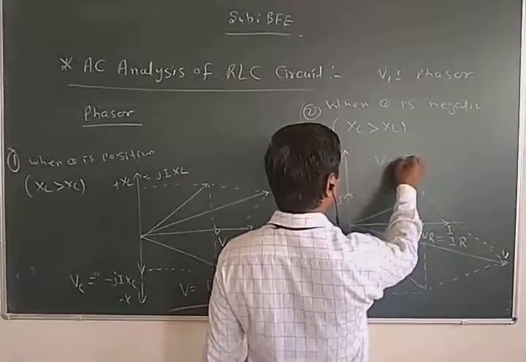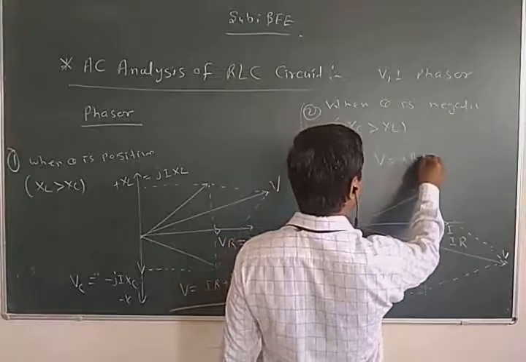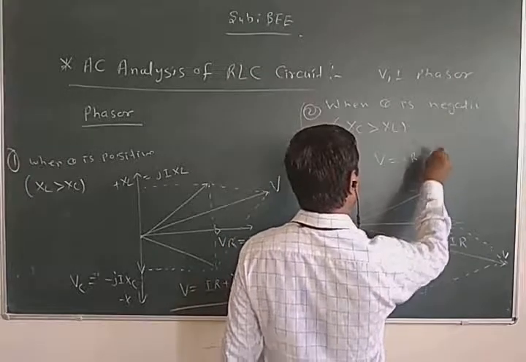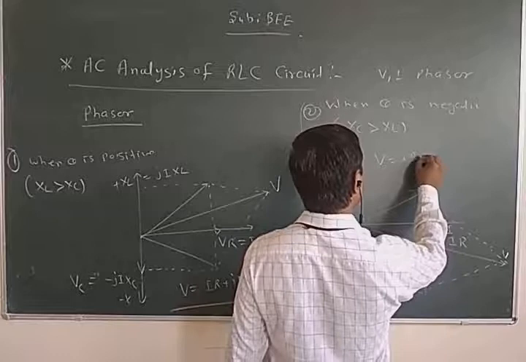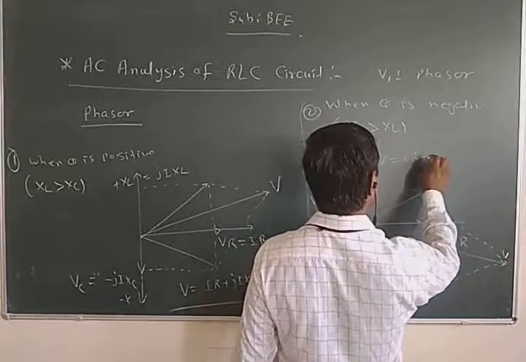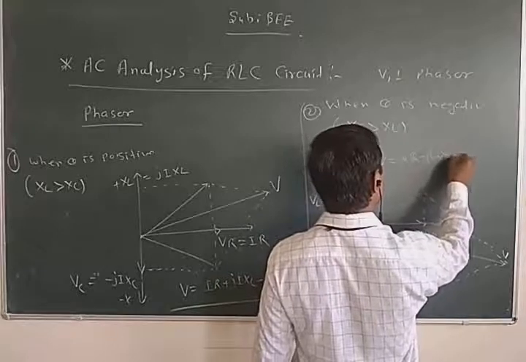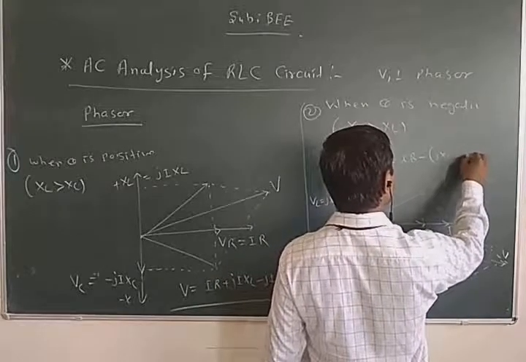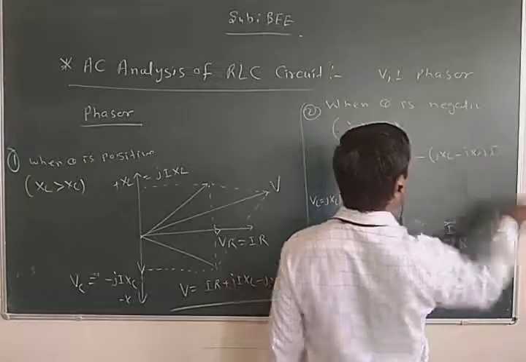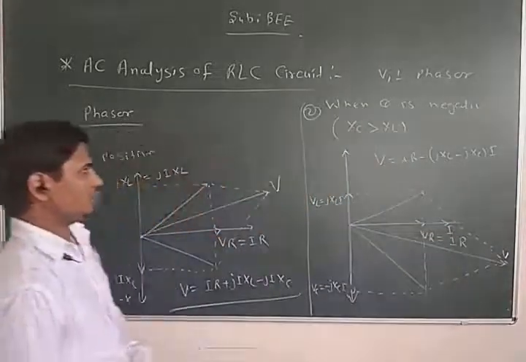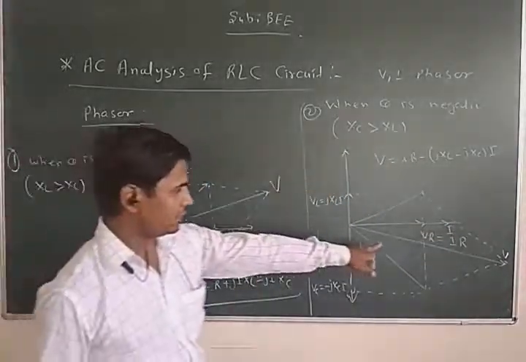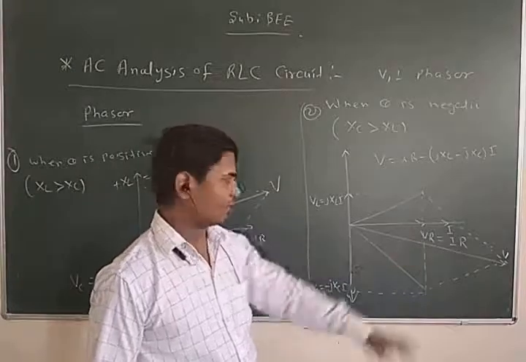Here V is equal to IR minus jXL minus jXC into I. So in the second case, we can draw the phasor for voltage and current.